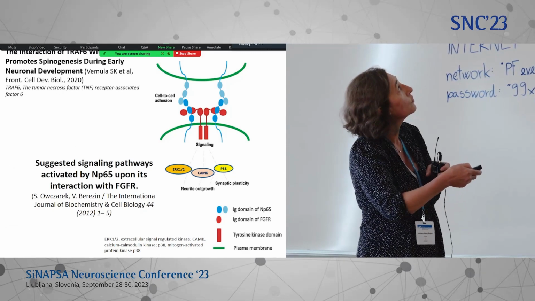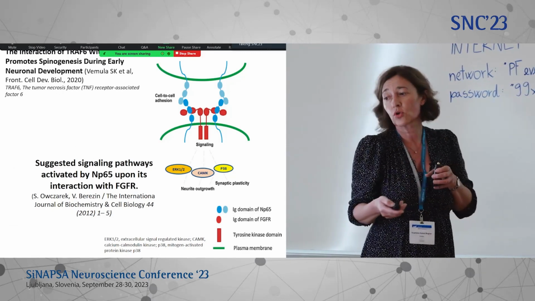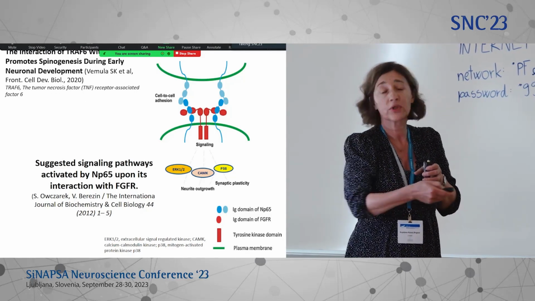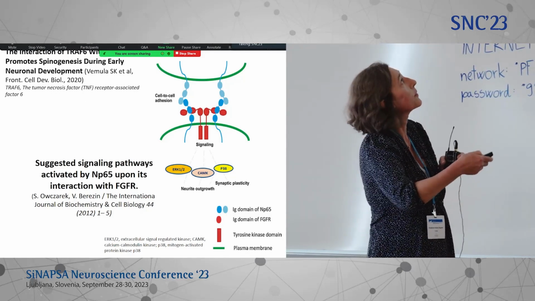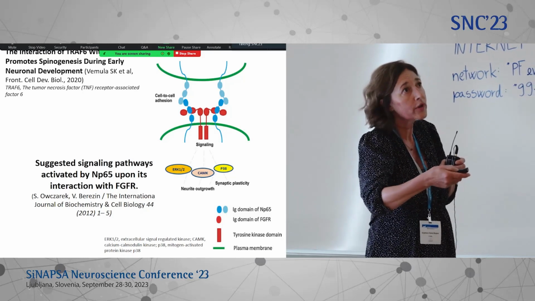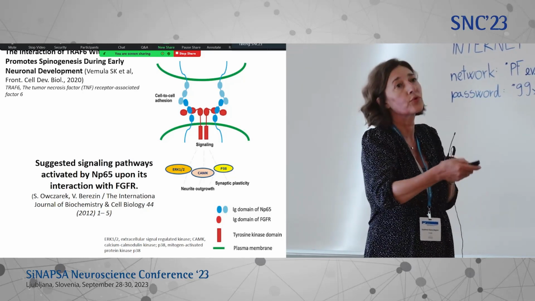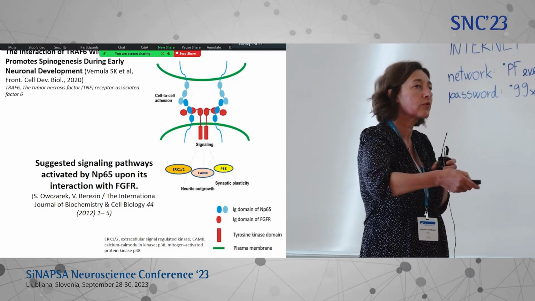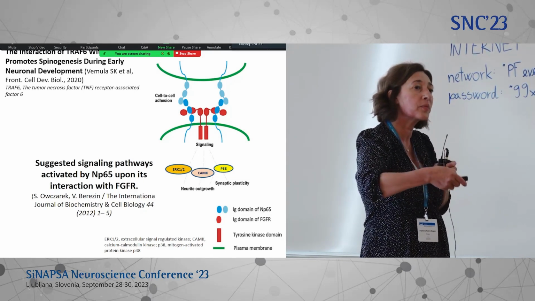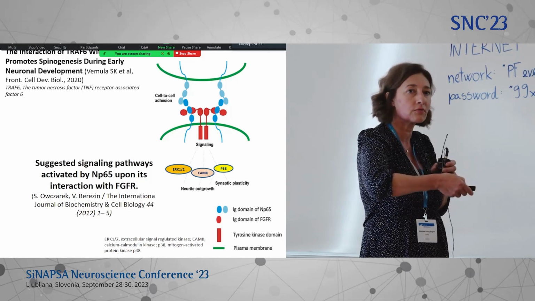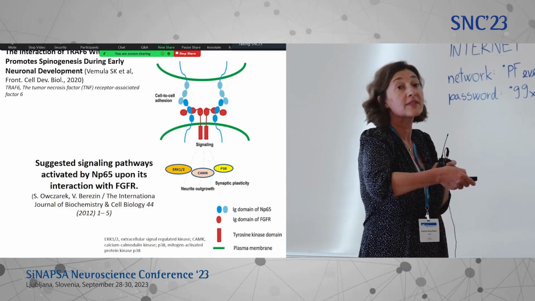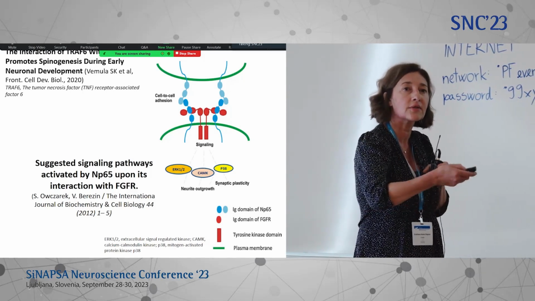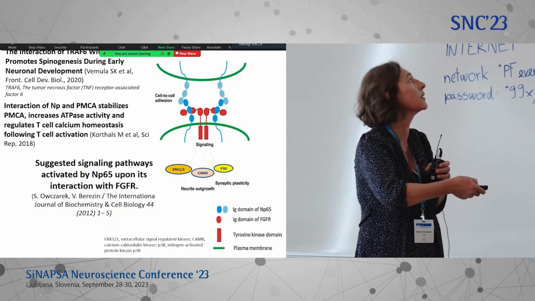Some of the more recent data show that we have interactions with other molecules like TRAF6, which is important for spinogenesis, meaning very early in the development of brain cells, when dendritic spines are being formed. Then this interaction of neuroplastin with TRAF6 exists, and when we have adult neurons, this interaction is no longer present.